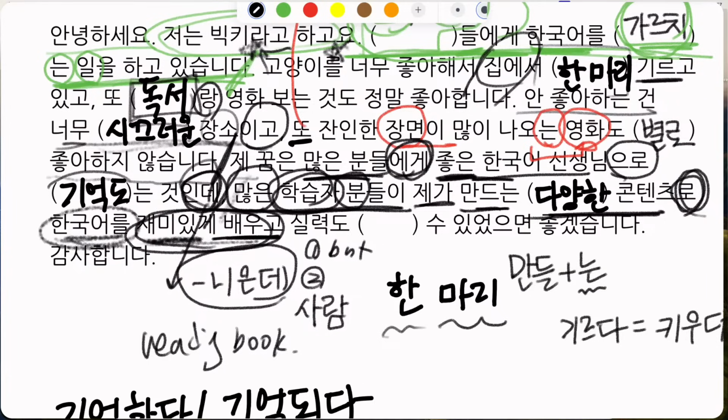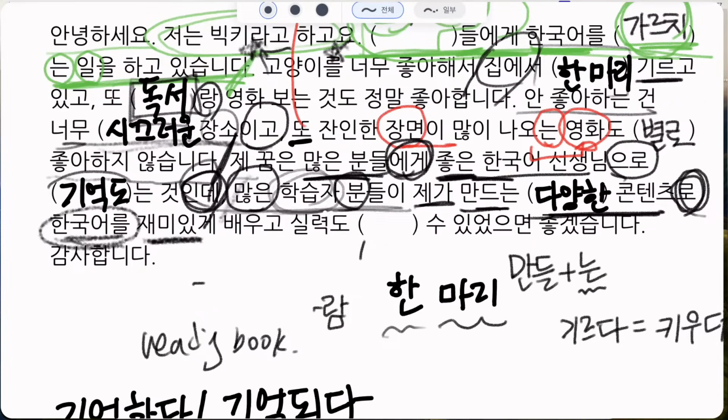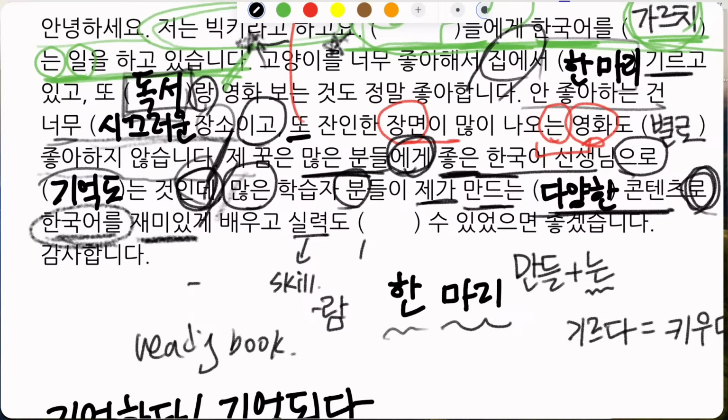They enjoy learning Korean. Literally, funly, in a fun way learn. So they enjoy learning Korean and even 실력 means your skill. Basically, your Korean ability, your Korean skill, even your skill 늘릴 수 있었으면 좋겠습니다.